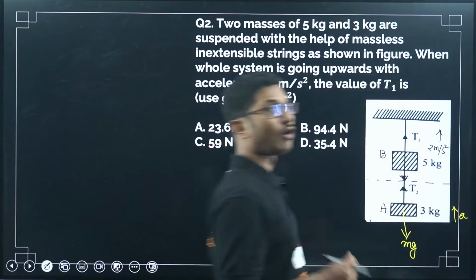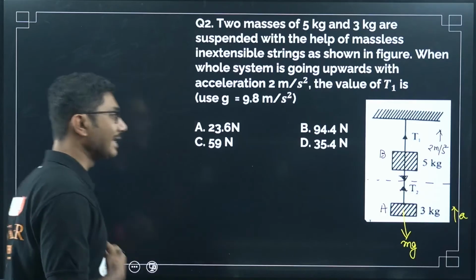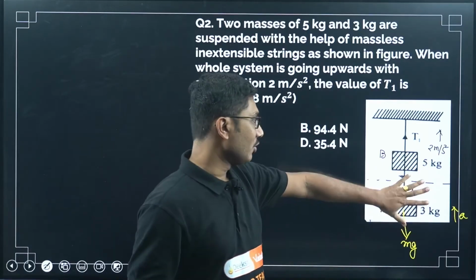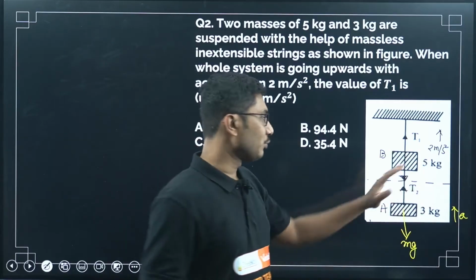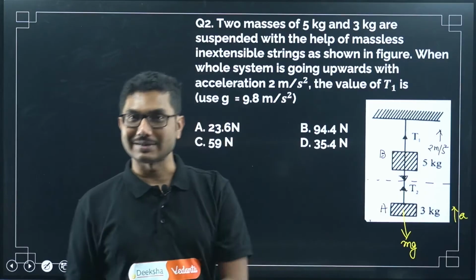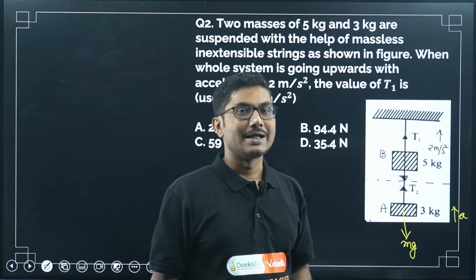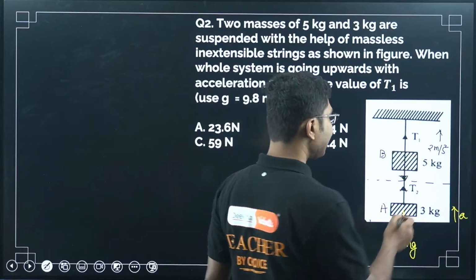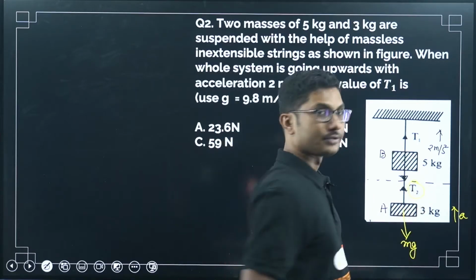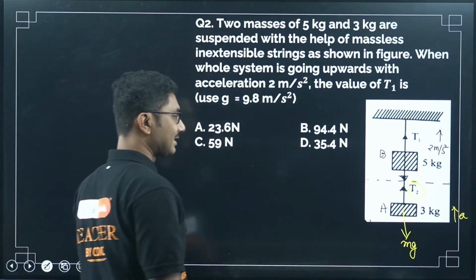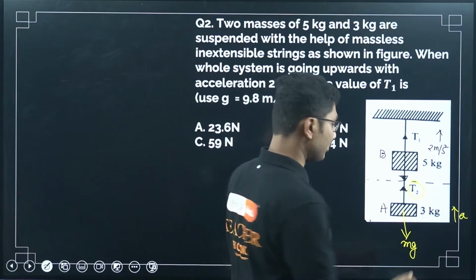Now if you have followed my class, there I said that among the forces, whatever the forces, whoever has the direction of acceleration in its favor is considered to be the rich person. So here T2 is the rich force, Amir force, and whoever has the opposite direction of acceleration is the Garib force, the poor force.